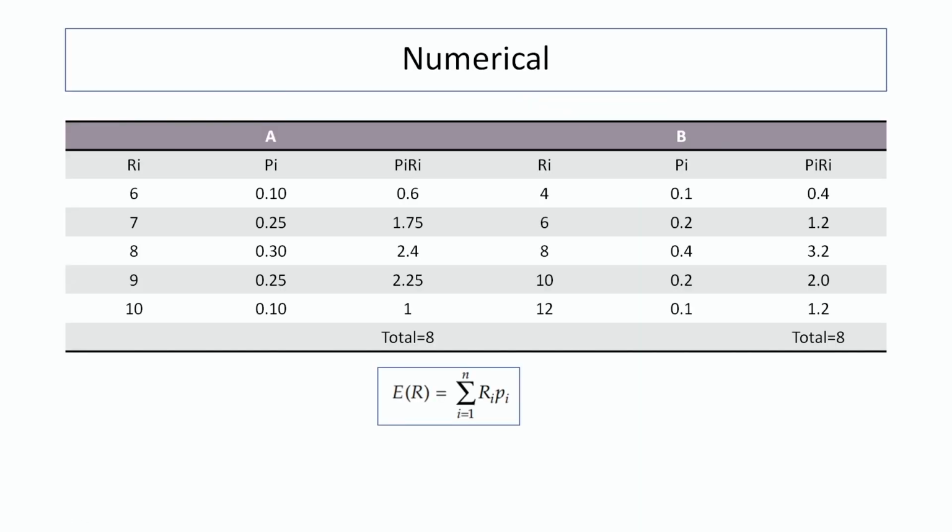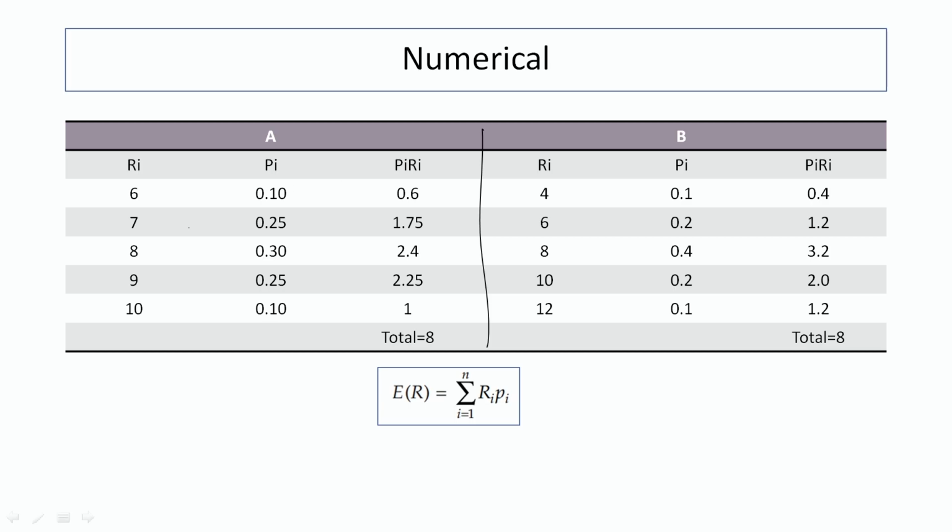So in this particular numerical you have seen there are two portions, Company A and Company B. In case of Company A, the returns are provided 6, 7, 8, 9, 10. The PI value, that is probability, is provided 0.10, 0.25, 0.30, 0.25 and 0.10.